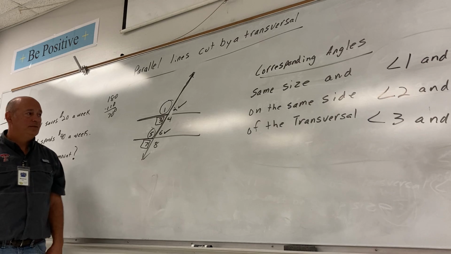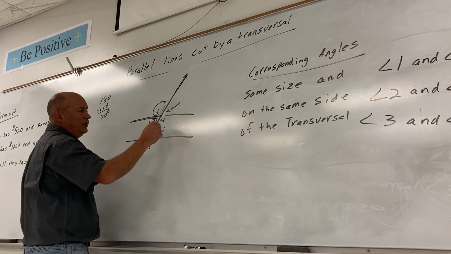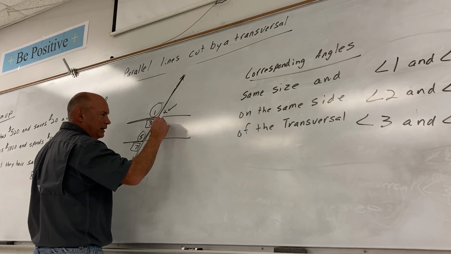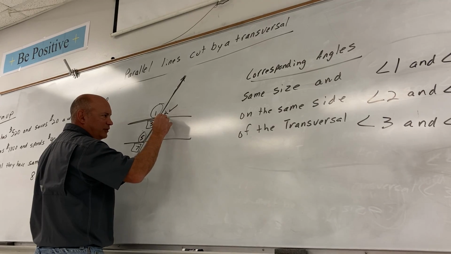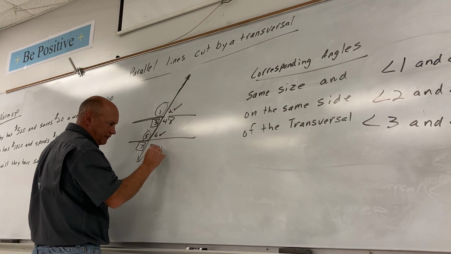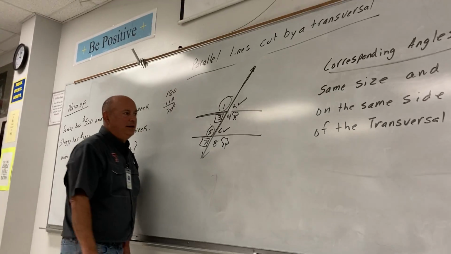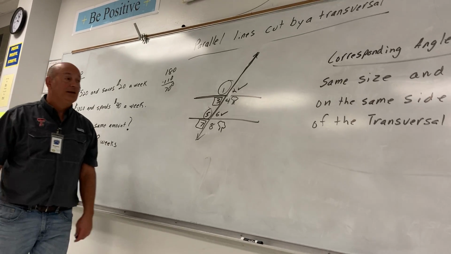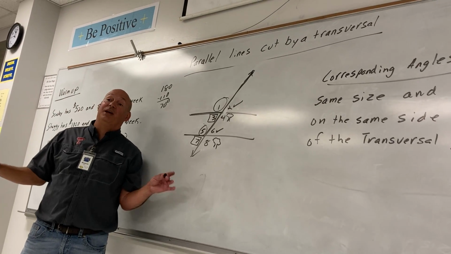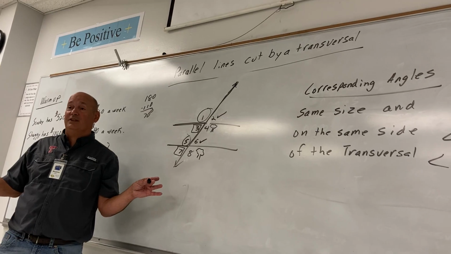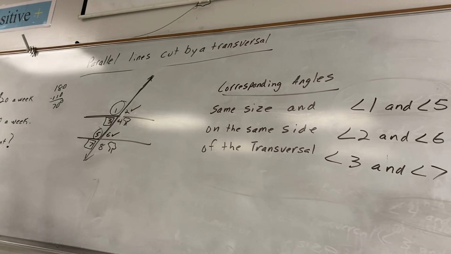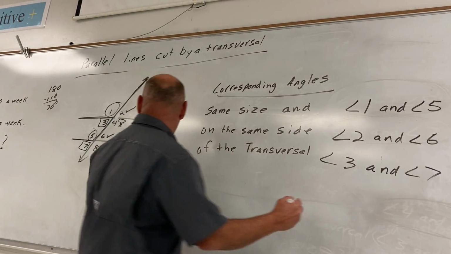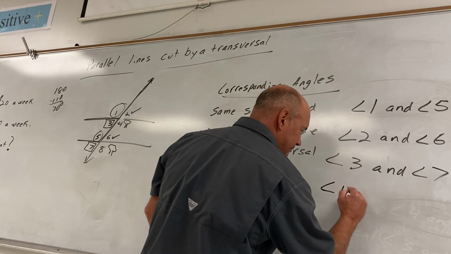Gabby. 4 and 8. Let's do a tree next to 4 and 8. All right, are there any questions? The good news is we're done with the vocabulary now. Okay, this lesson has a ton of vocabulary. Now we're actually ready to solve some problems.